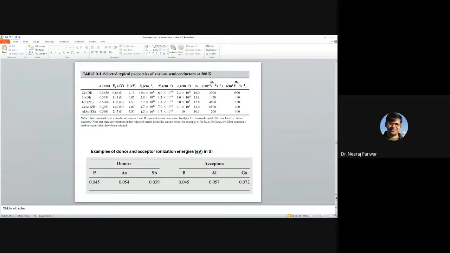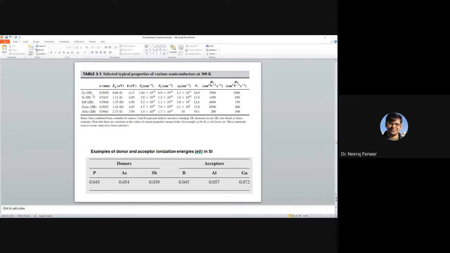Otherwise, the structure is more or less diamond, in which one atom is located at the corner of the unit cell and the other atom is located at quarter position. I hope you remember the diamond structure.